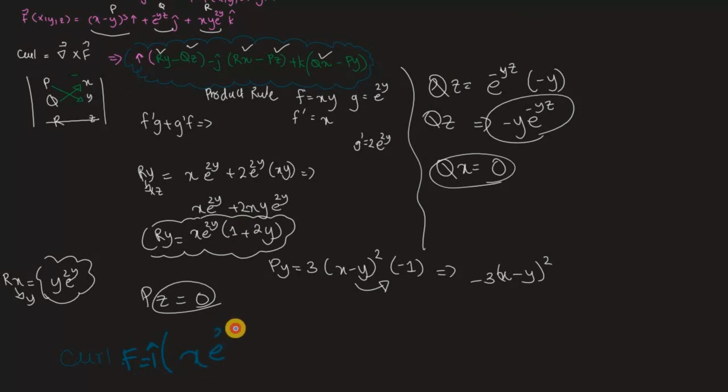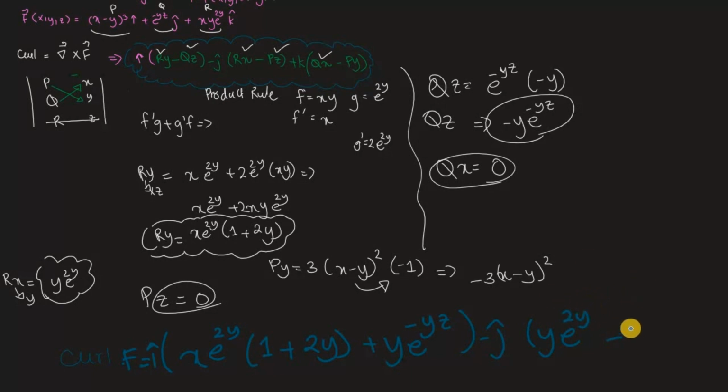So x e to the power of 2y times 1 plus 2y and then negative q of z. So it's in here, like I said, negative, negative, that's a positive. So y e to the power of negative yz, and then negative j hat r of x, y e to the power of 2y negative pz.